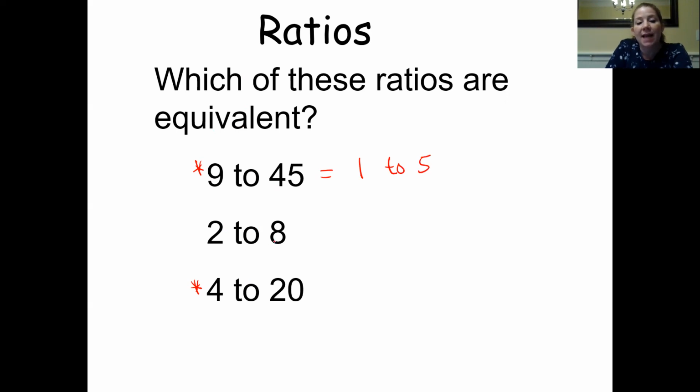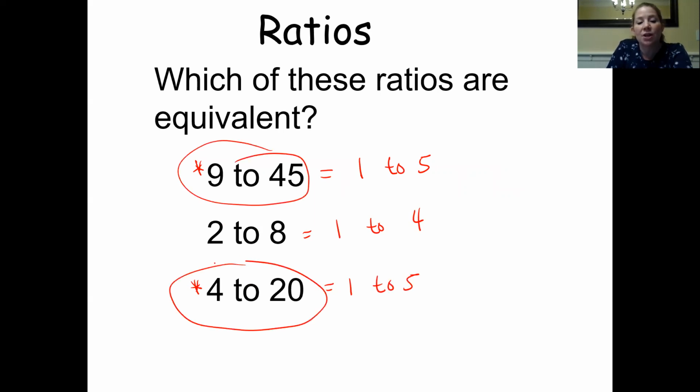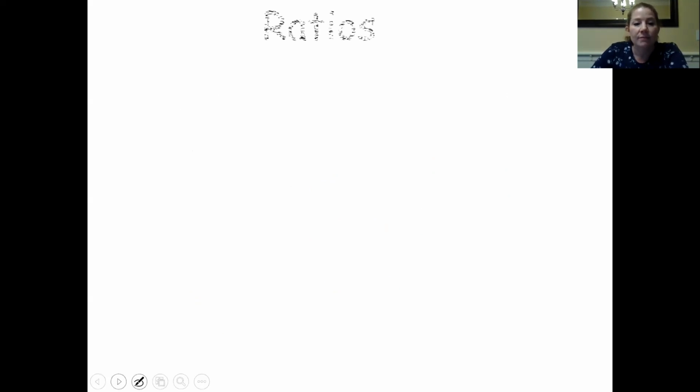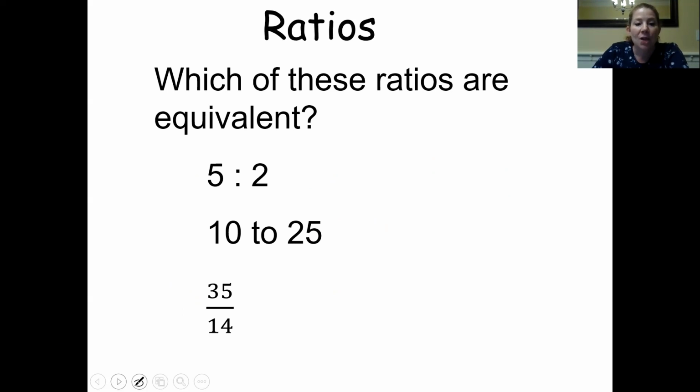If I divided 2 and 8 by 2, I would get 1 to 4. And if I divided 4 and 20 by 4, I would get 1 to 5. So this ratio and this ratio, they are equivalent. Which of these ratios are equivalent?